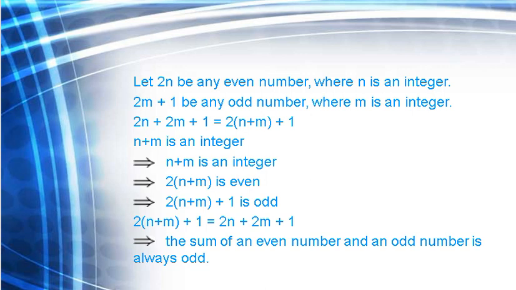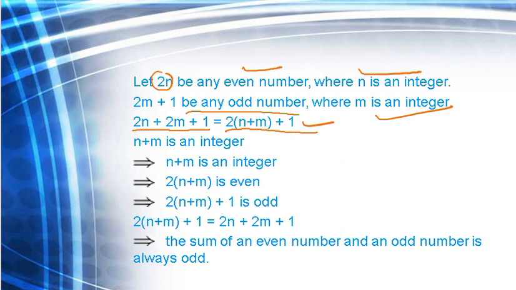Let 2n be any even number where n is an integer, and 2m plus 1 be any odd number where m is an integer. When you sum it, you get 2n plus 2m plus 1, which we can write as 2 times (n plus m) plus 1.